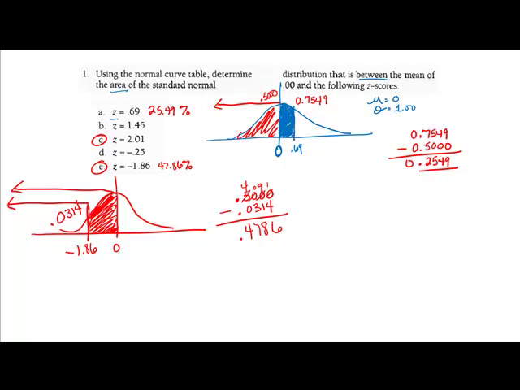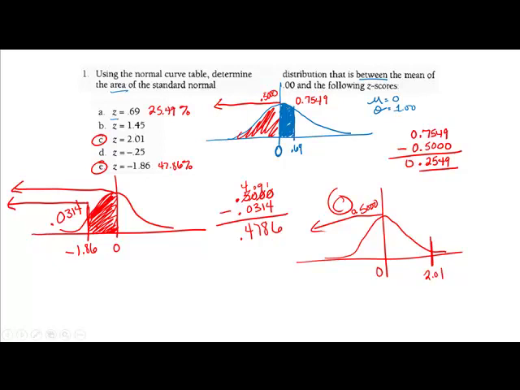Now that you've done it on your own, let's take a look at C. First step, draw a normal curve. Remember, I'm starting at 0, which from there on back is half of the curve. And I want a positive 2.01. Looking it up on my chart, 0.9778.